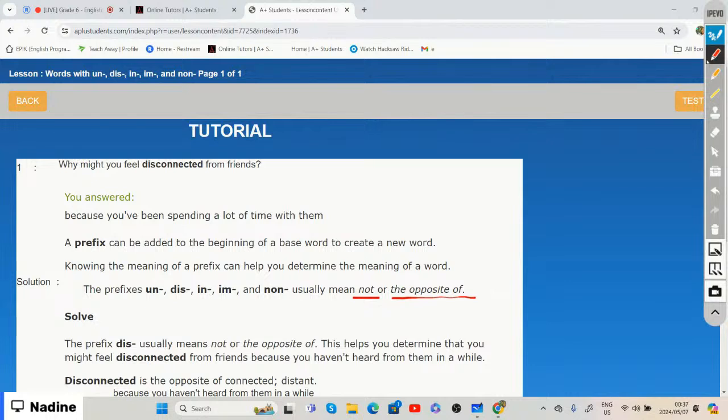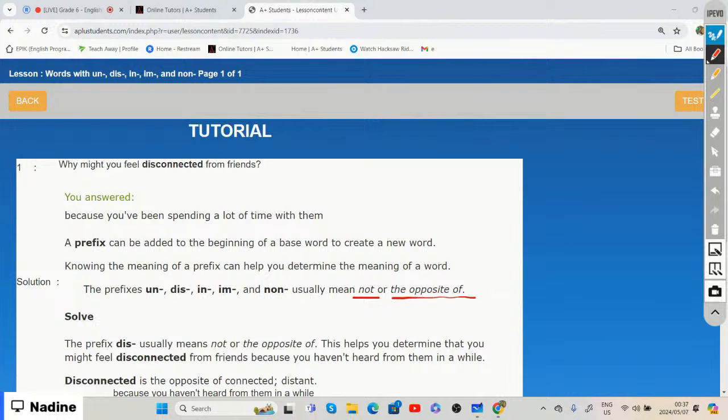So why might you feel disconnected from friends? You might feel disconnected from friends for a lot of different reasons. Sometimes it's because you haven't been in contact with them for a very long time.